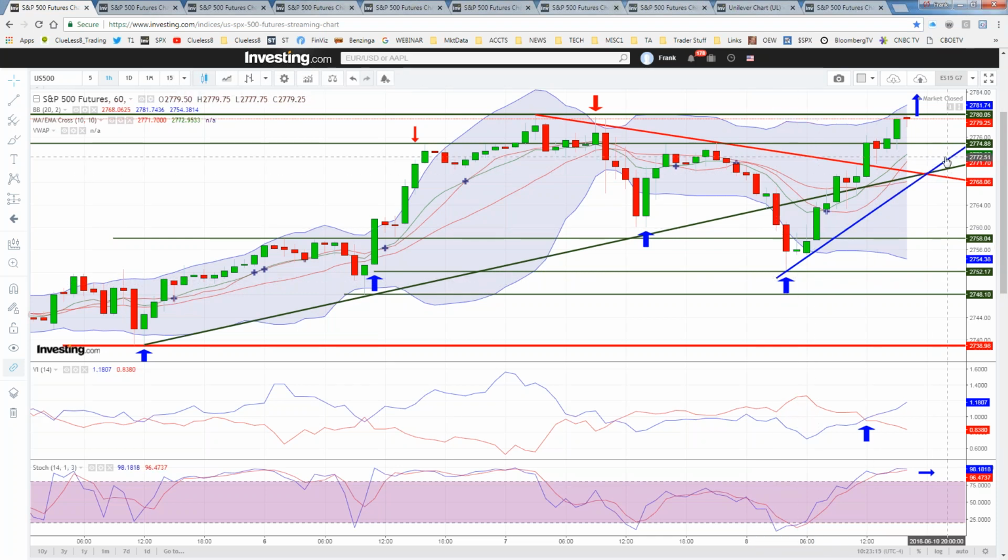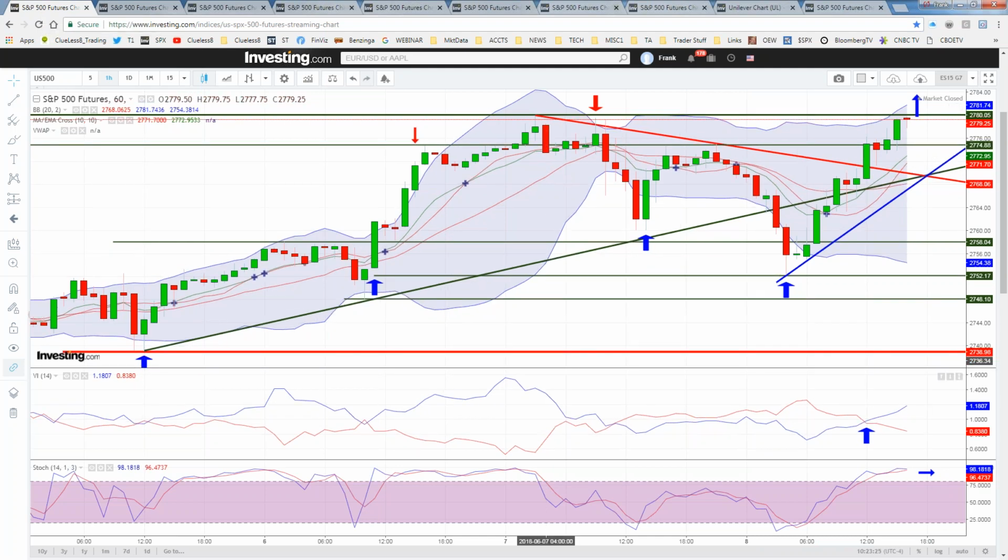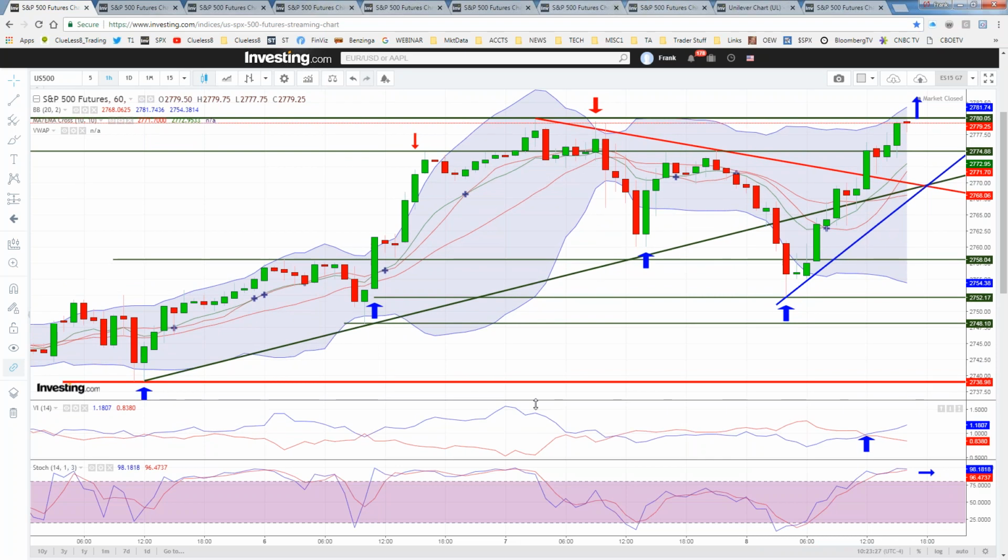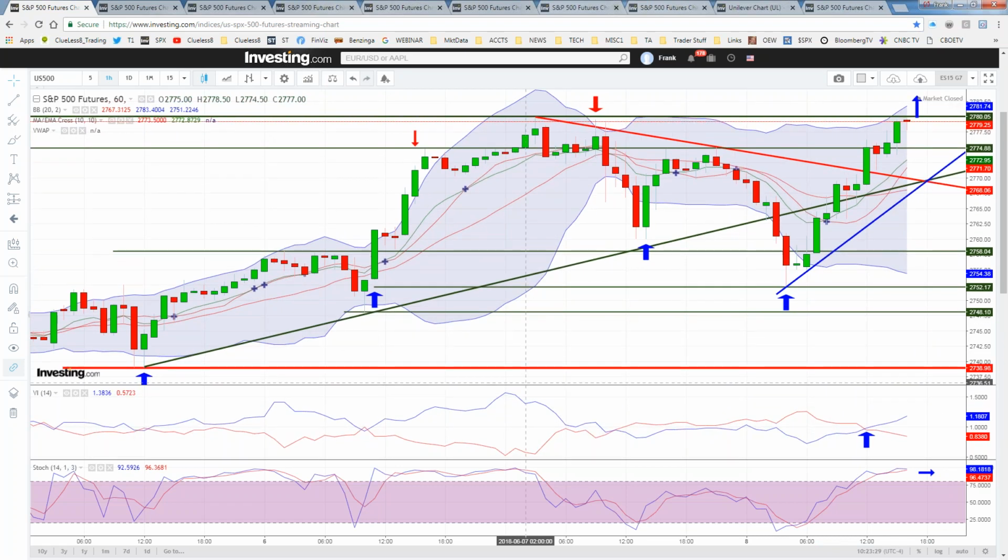So, first of all, let me walk you through this. I use three different platforms for my charting, and one of them happens to be investing.com, which is TradingView. You can clearly see that they're very clear. I always highly recommend everyone use it. It's free. It's very iOS friendly.